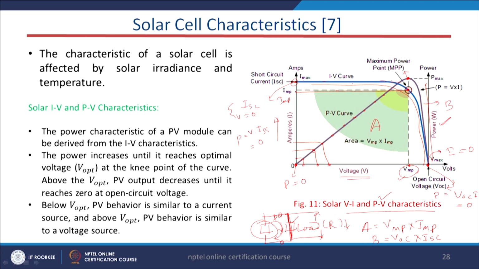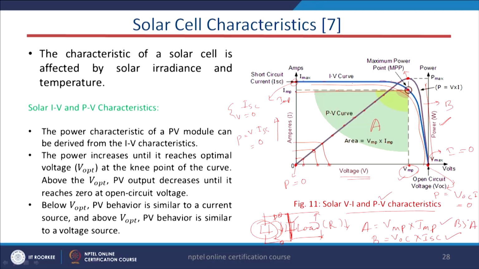Which area is greater? The area covered by VOC and I short circuit is greater than this area, that means B is greater than A. This is how the PV characteristic and VI characteristic of a solar cell look.